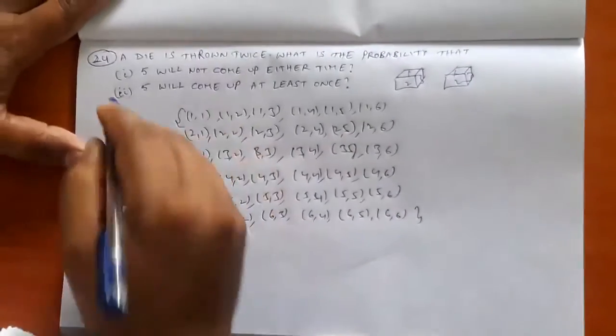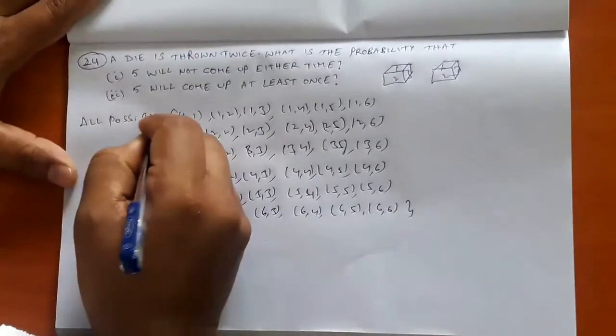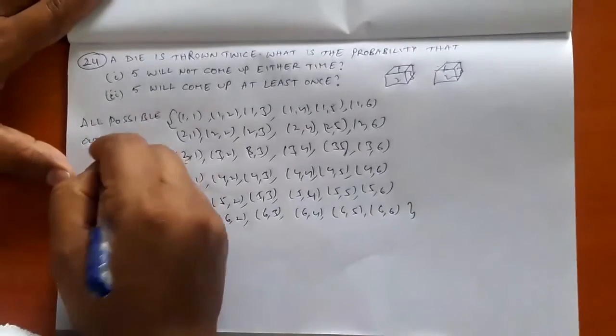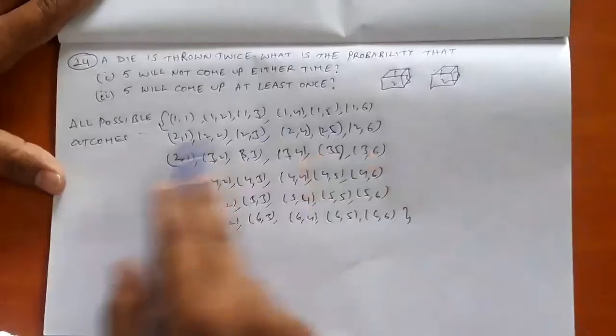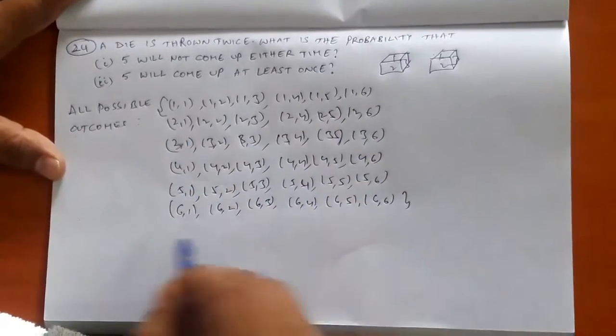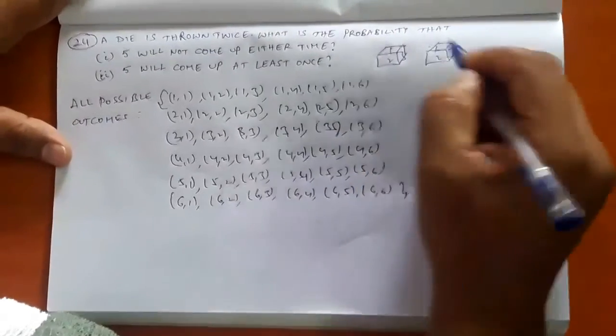These are all possible outcomes. How many are there? 6 times 6 are 36 outcomes, right? So total 36.